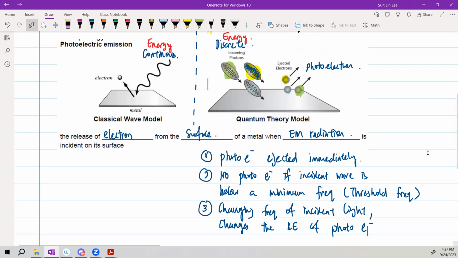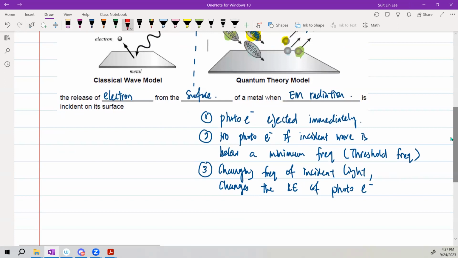Okay, so this means, from this section, I know that the energy of a photon is related to frequency and can be calculated using the equation E = hf, or if you want to use the speed of light, hc over lambda.